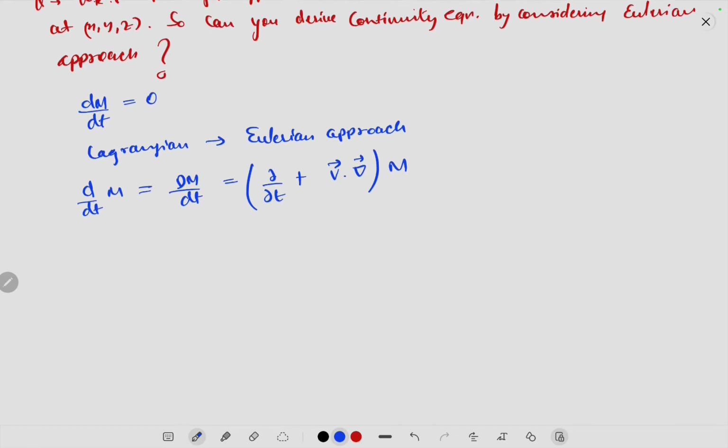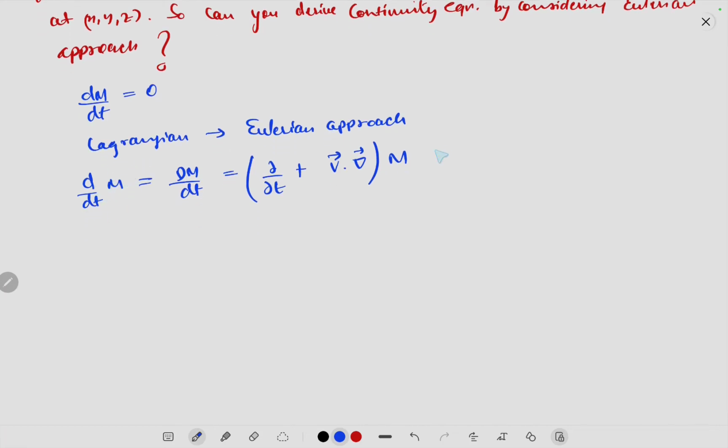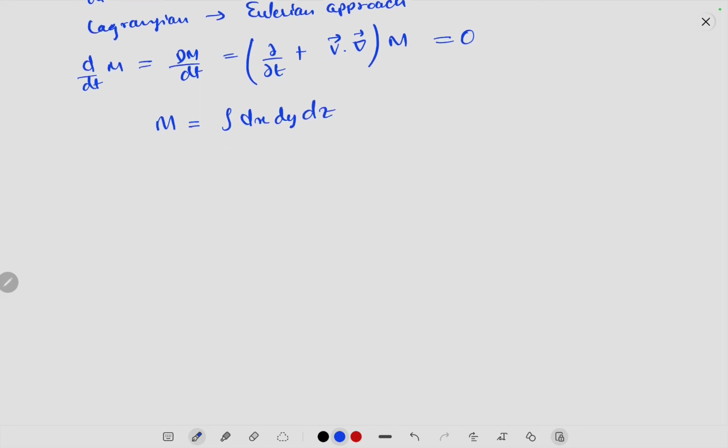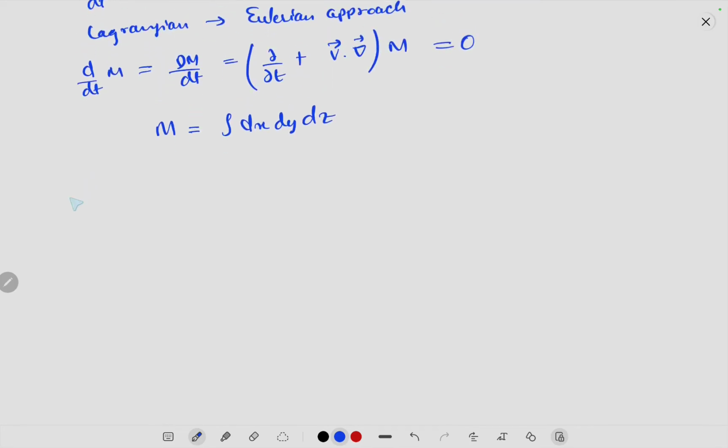Okay, alright, and since this dm by dt is equal to 0, this has to be equal to 0. Okay, alright, so now I can write m as rho times dx dy dz. Okay, so then the equation would become del by del t plus v dot del rho dx dy dz equal to 0.